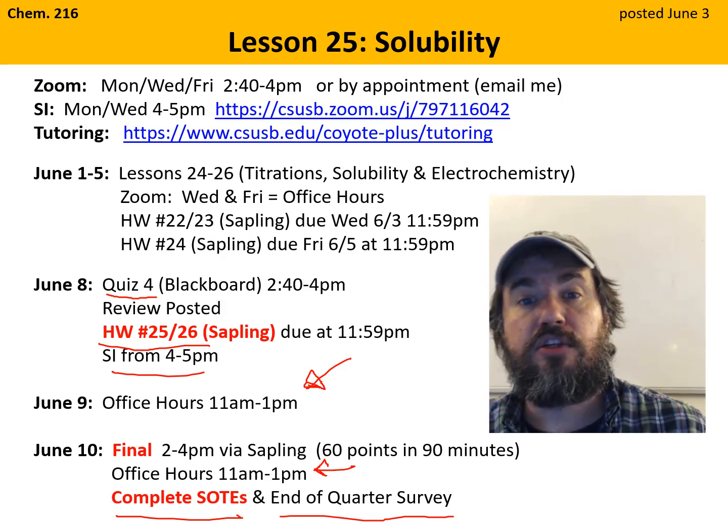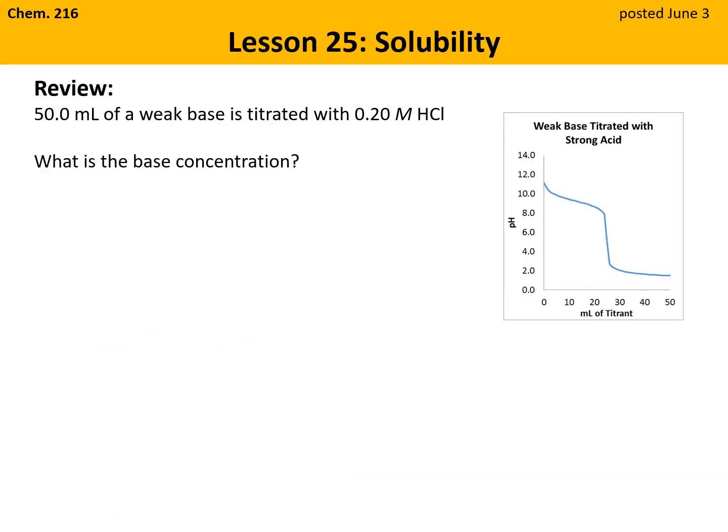All right, so let's do a little bit of a review from last time. Last time we talked about titration, and when we're talking about titrations, we always have a base and we add acid, or an acid and we add base. So here's a point where we have a weak base and we add in acid. That's why it starts off at high pH, right?